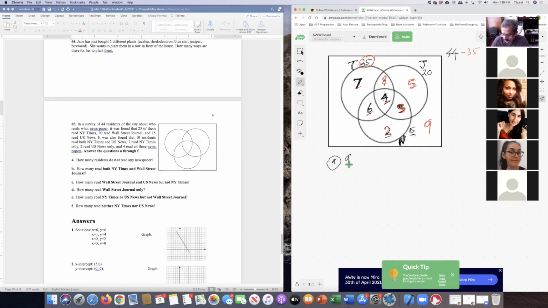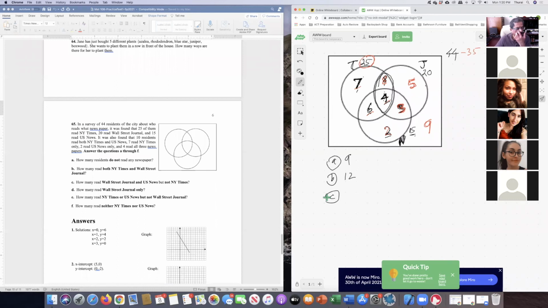Part B says, how many read both New York Times and Wall Street Journal? 12, the 8 and the 4. This entire region is the common region for Times and Journal, so that'll be 8 plus 4, 12.